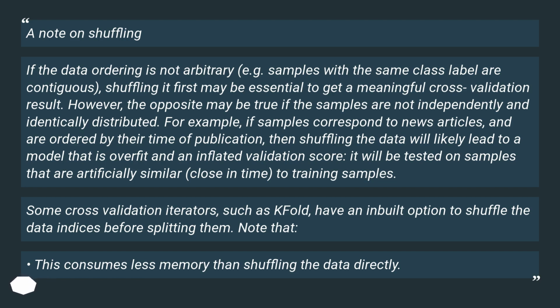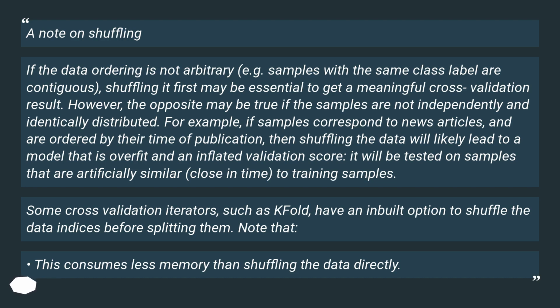However, the opposite may be true if the samples are not independently and identically distributed. For example, if samples correspond to news articles, and are ordered by their time of publication, then shuffling the data will likely lead to a model that is overfit and an inflated validation score. It will be tested on samples that are artificially similar, close in time, to training samples.